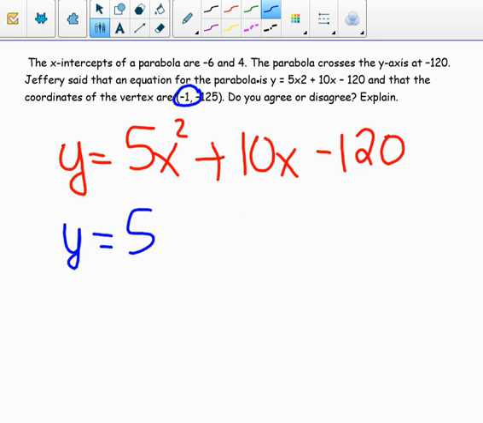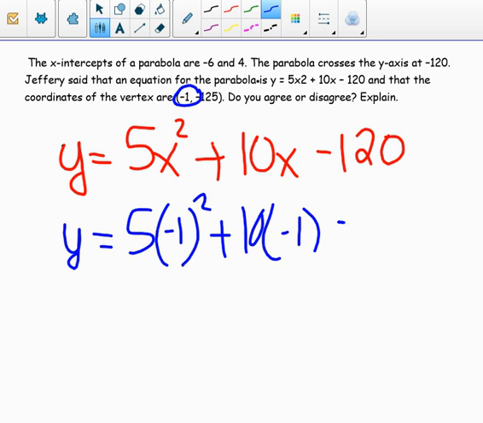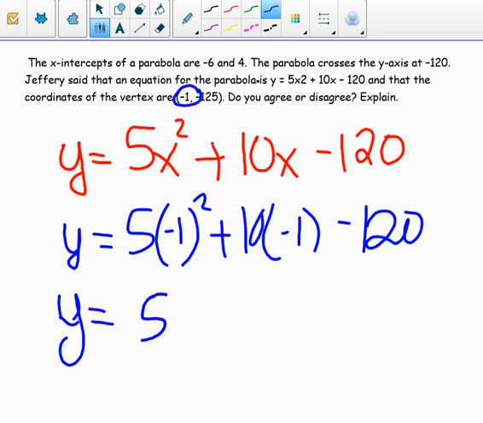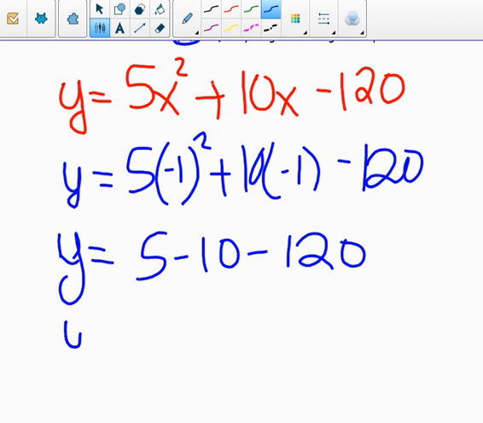So we sub in -1 for each x: y equals 5(-1) squared plus 10(-1) minus 120, which comes to y equals -125.